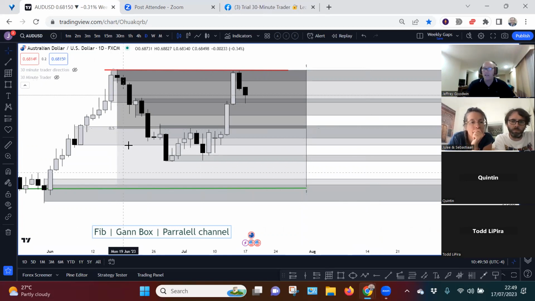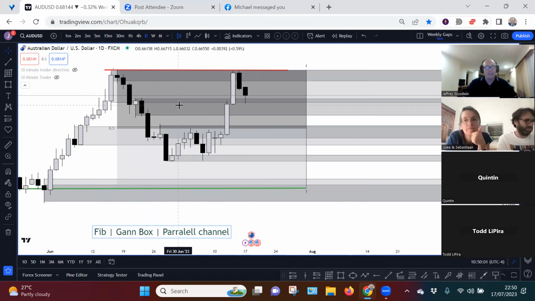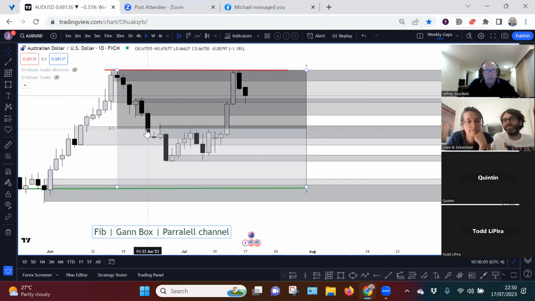Does anybody see that this color is lighter than that color? Yep, thank you. I nodded the head's good as well. So anything below there, we're looking for the market to turn around. So at that point here, we get 2 candles in a row.